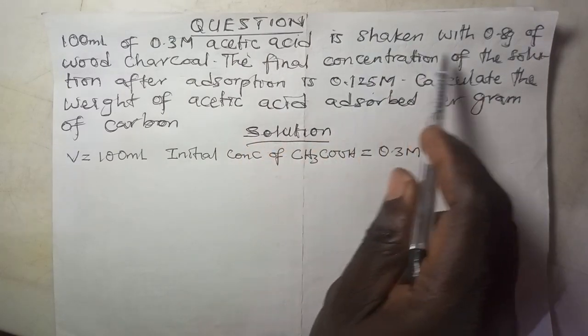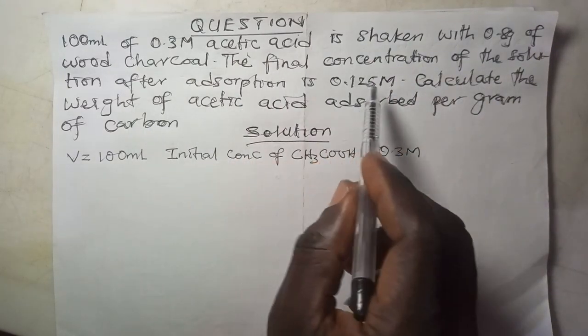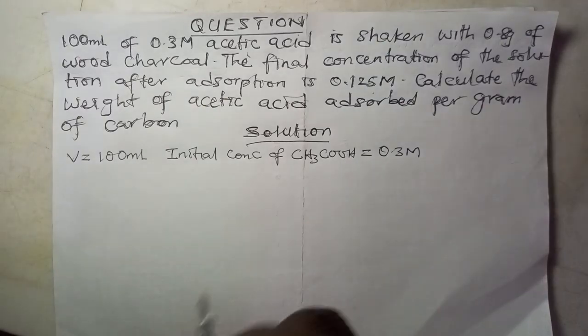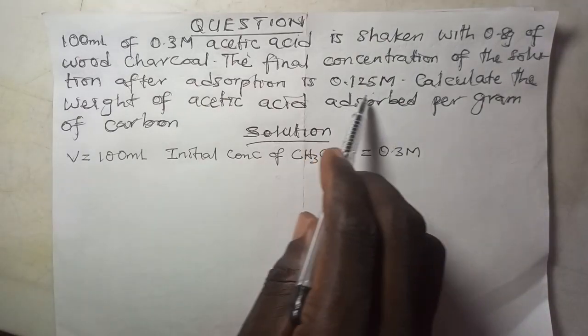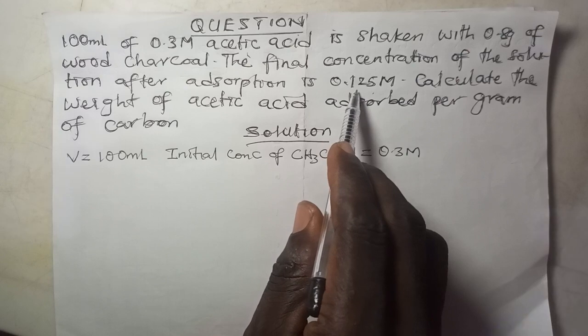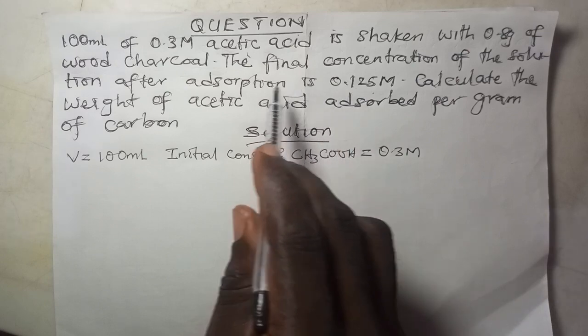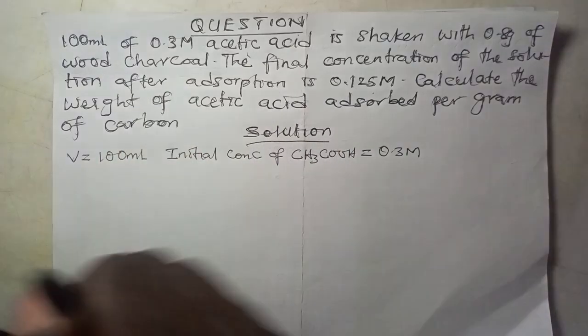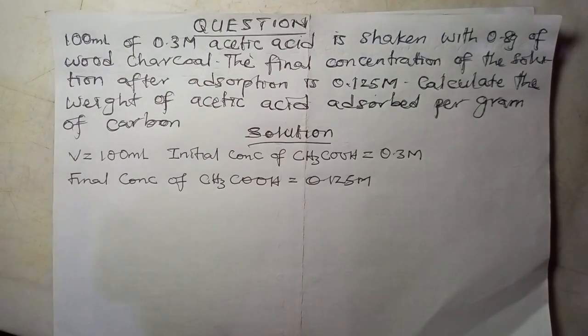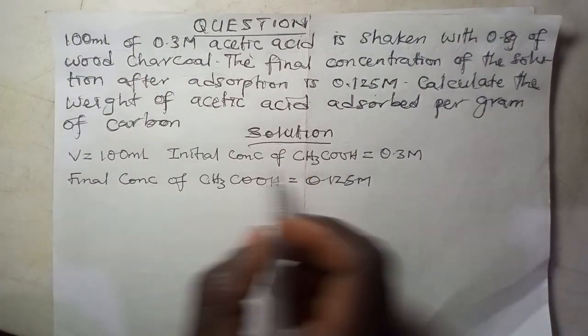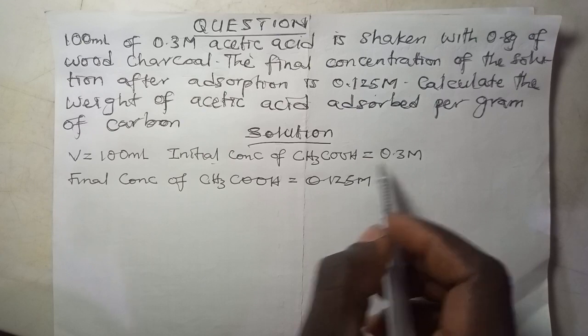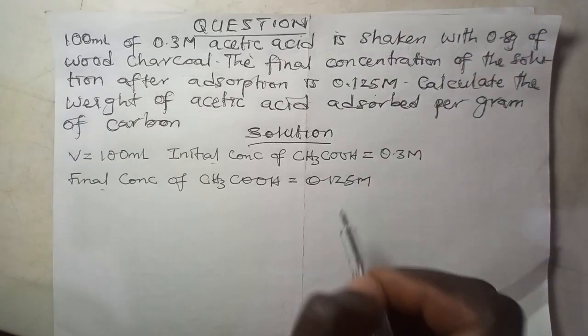They say the final concentration of the solution after adsorption is 0.125 molar. So I will also write the final concentration of acetic acid after it has been adsorbed onto the wood charcoal.